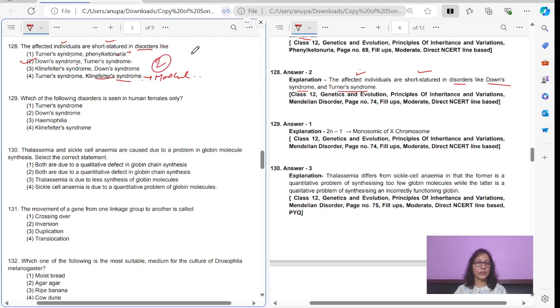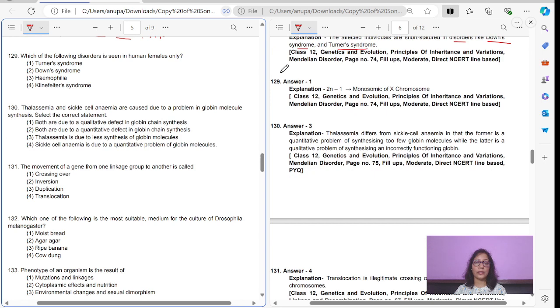Now let's move to the next question, that is question number 129. Question number 129 states that which of the following disorders is seen in human females only? We have to find out which disease is seen in human females only. So the answer for this question will be option number 1, Turner syndrome.